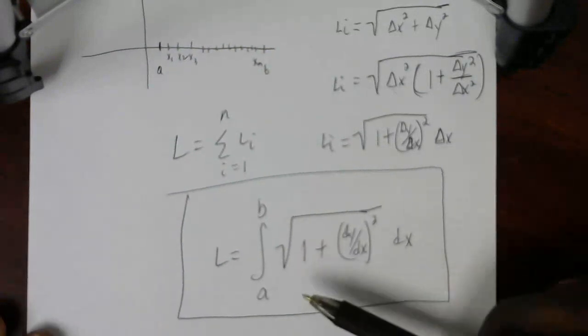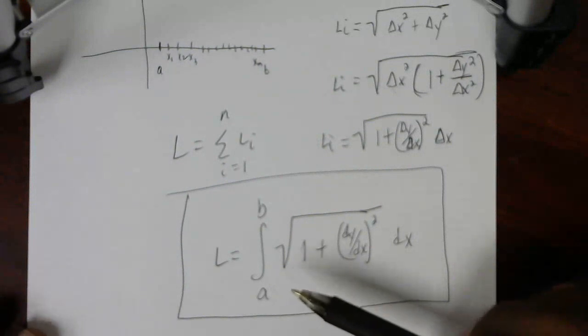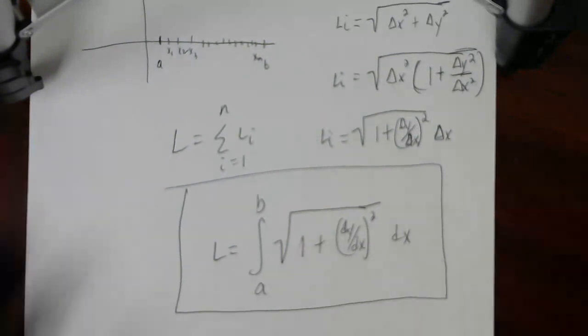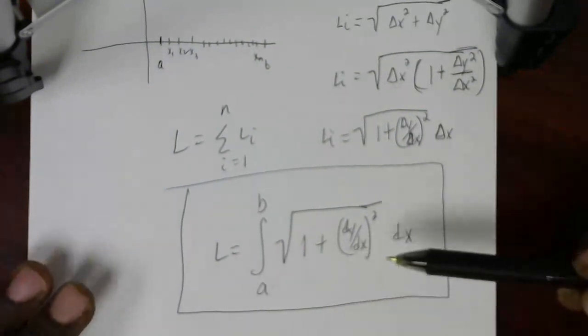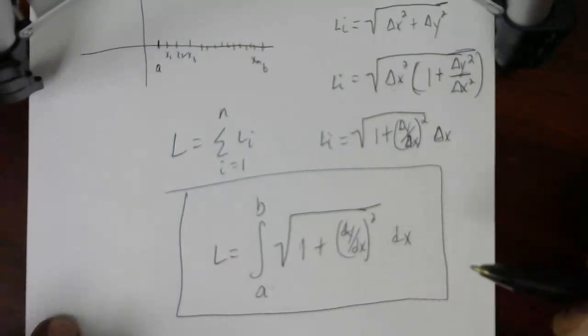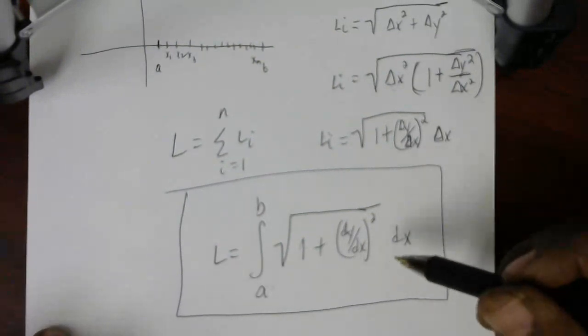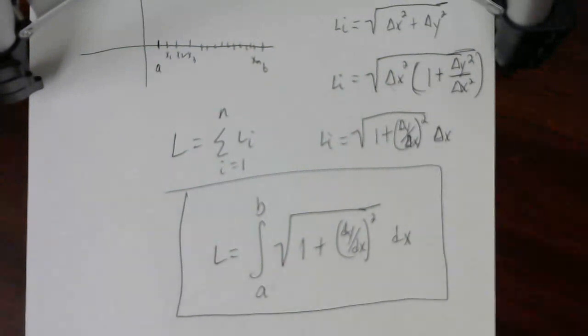In this class, we're going to approximate the lengths by using the TI-83. So this is the formula. Next, we'll take an example on how to actually use the formula to find arc length.